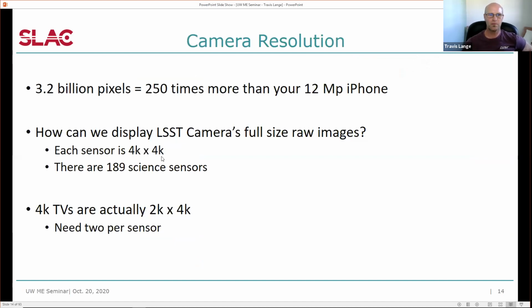The camera's resolution is 3.2 billion pixels. It's a lot more than your little iPhone can do. If we were going to try to display the LSST camera on full-size raw images, each sensor is 4K by 4K, and there are 189 of them. 4K TVs are not actually 4K by 4K because they're widescreen, so they're actually 2K by 4K. So you need 2 of them per sensor.